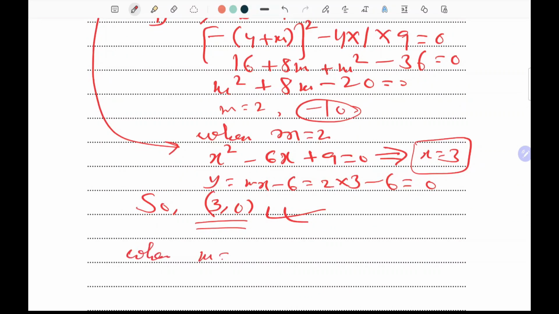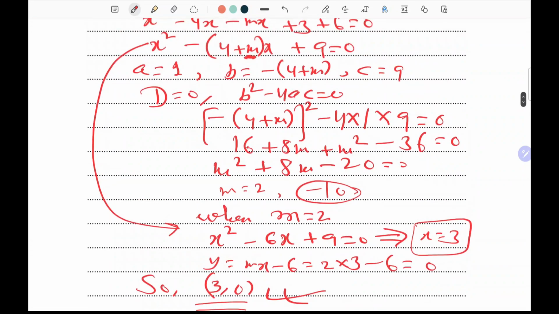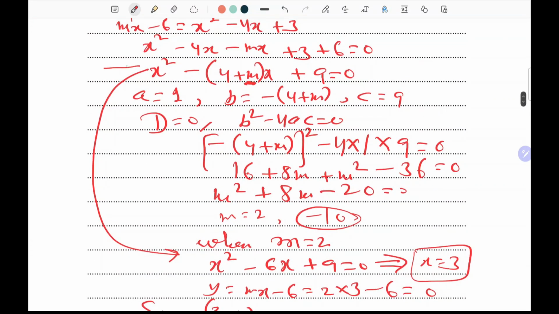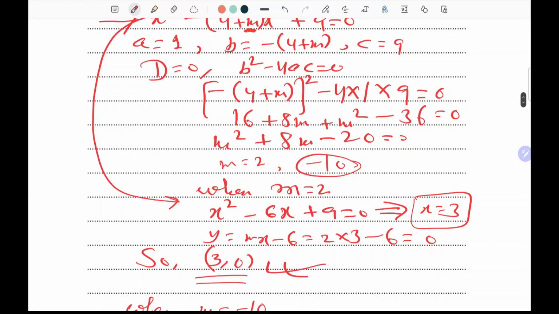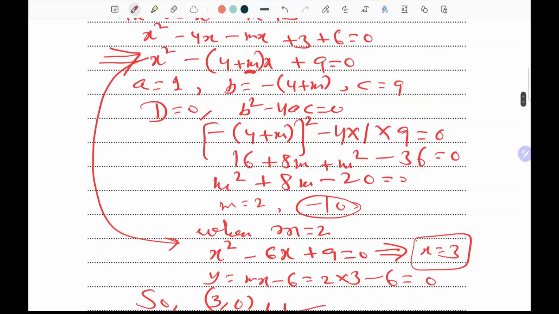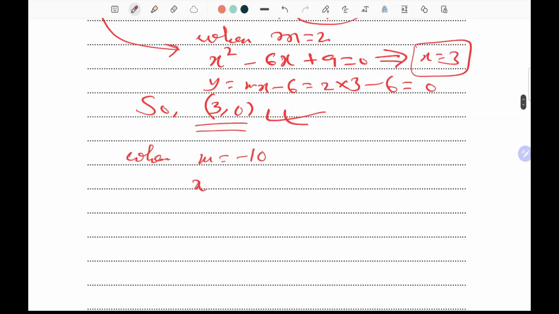Now we have to check for m as minus 10. So guys, when m is minus 10, first of all we have to check this quadratic equation, that is x square minus (4 minus 10)x plus 9. 4 minus 10 is minus 6, and then again the extra minus gives plus 6, so x square plus 6x plus 9. When you solve it, you will get x equals minus 3.